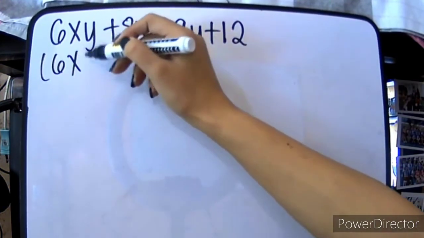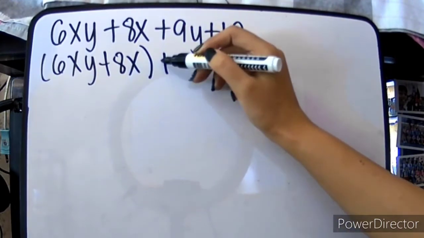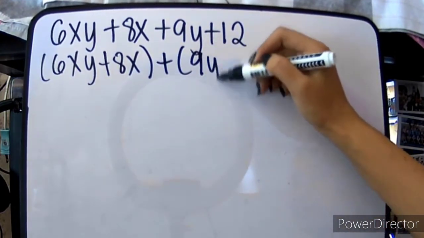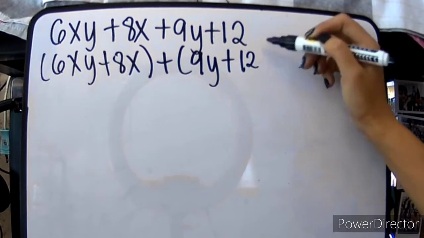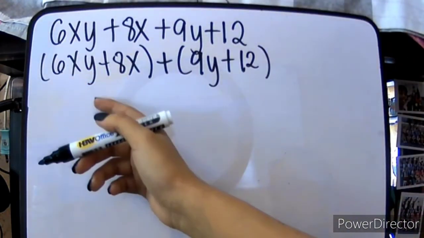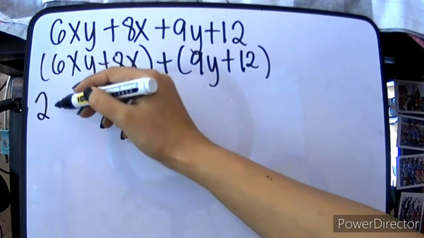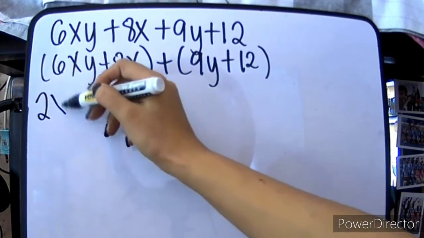So, 6xy plus 8x plus 9y plus 12. Okay. After natin i-group, ang susunod na gagawin is we will be getting the GCF. So, ang GCF ng 6 and 8 is 2. Sa xy and x is x.